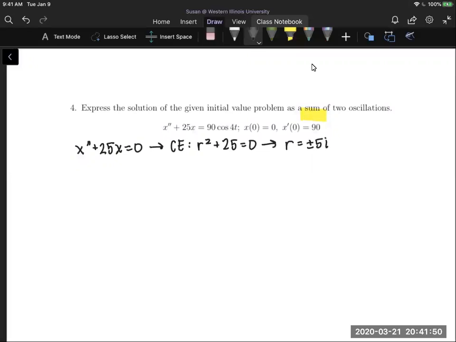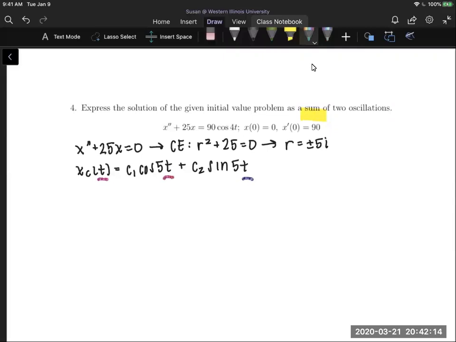Since those are complex, we set up our complementary function in the following way. We get C1 cosine 5t plus C2 sine 5t.